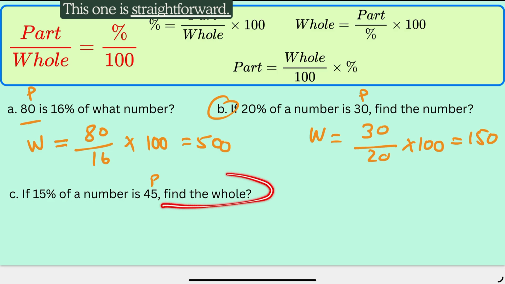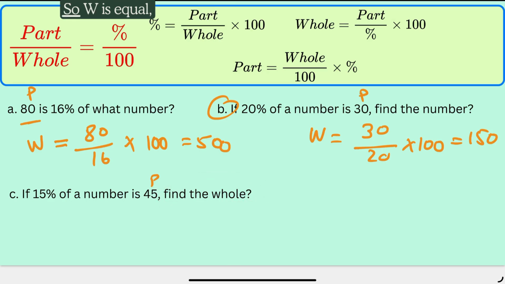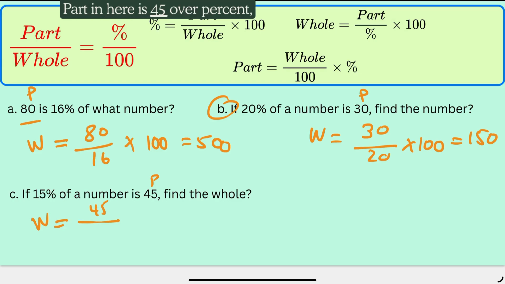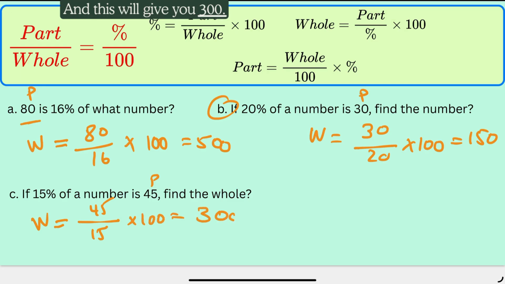This one is straightforward. So W is equal to part. Part in here is 45 over percent, which is 15, times 100, and this will give you 300.